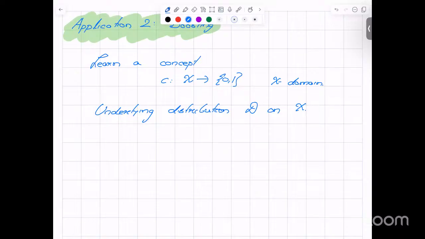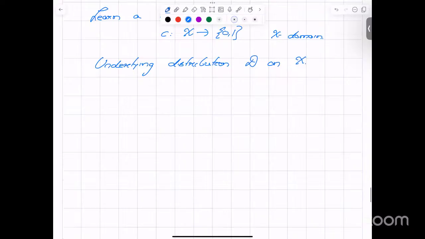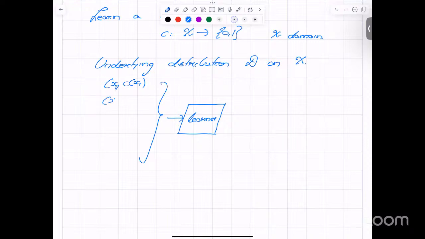You get to see several such samples. Then you need to come up with a hypothesis. So the learner algorithm gets as input several samples, x1, c(x1), x2, c(x2).